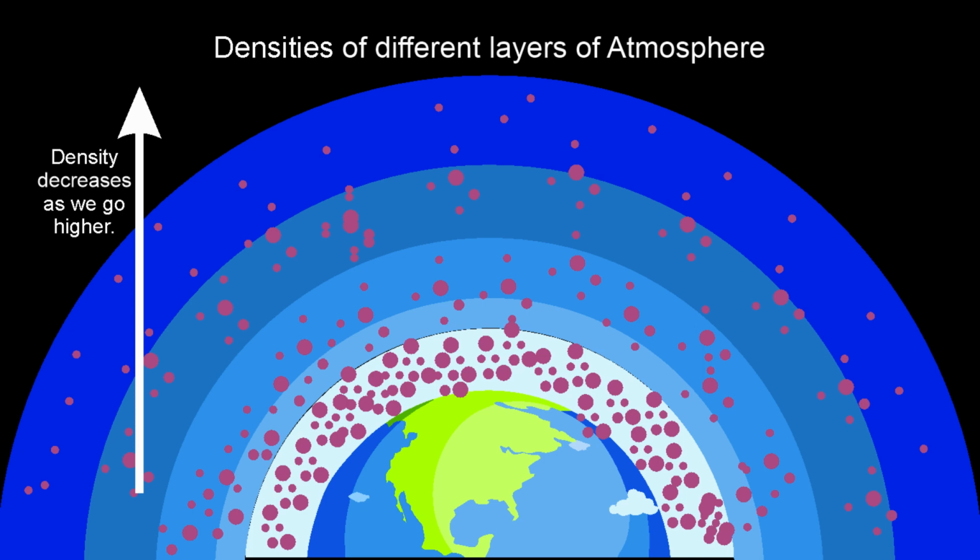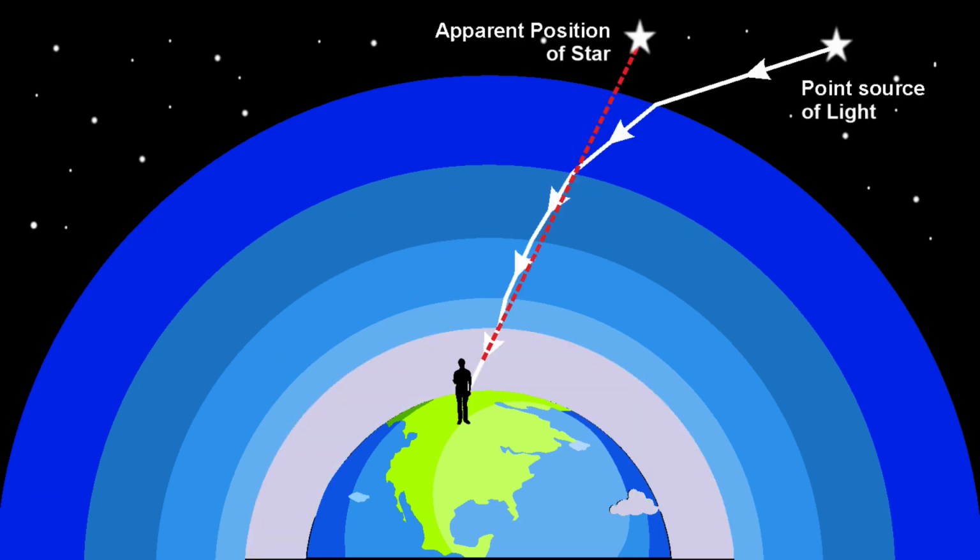Due to different densities and different refractive indices, light bends continuously, and the refractive index or densities of different layers are not fixed. The twinkling of a star is a similar phenomenon.